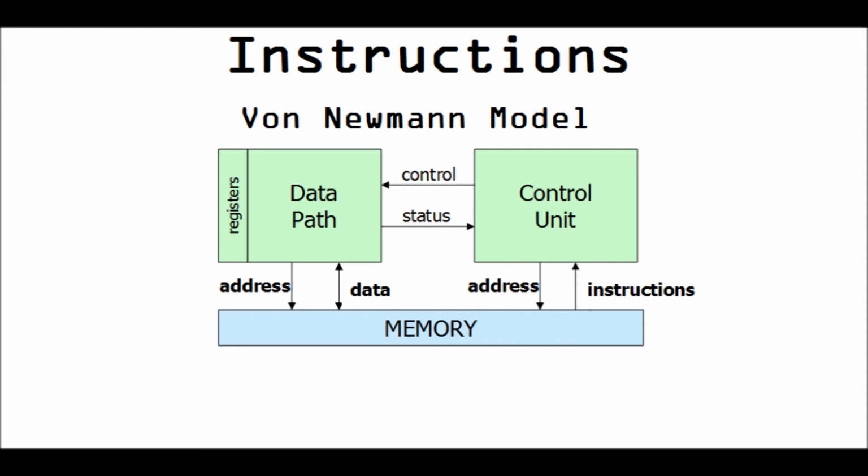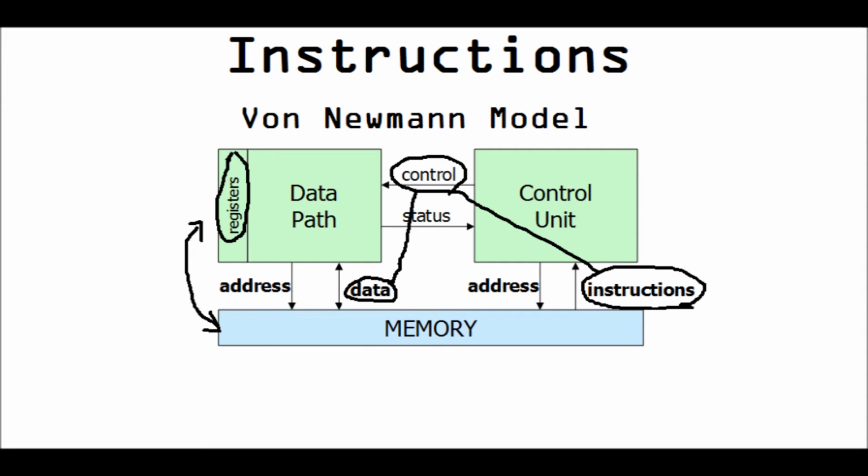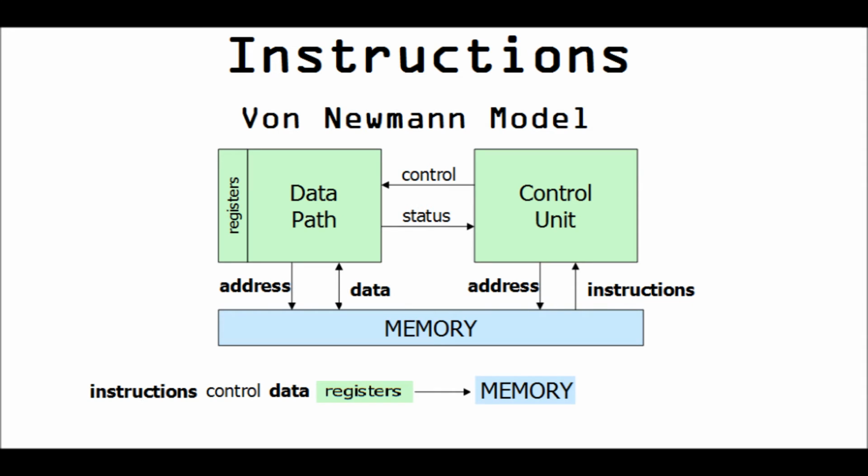which brings us to our next idea, which is the von Neumann model. It is the model upon which all modern computers are built. Important things to note here are that there is data transfer between the registers and the main memory, and that the instructions control the data flow between the memory and the registers, and what data is operated on in the registers.